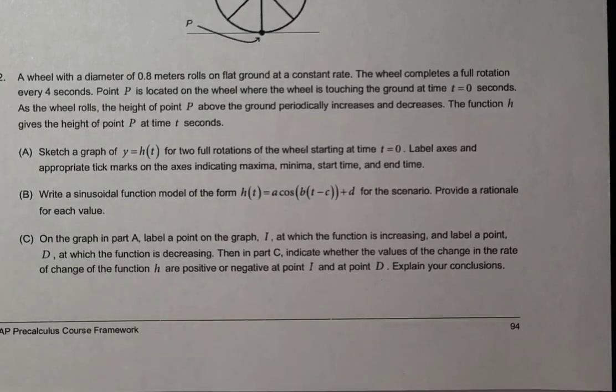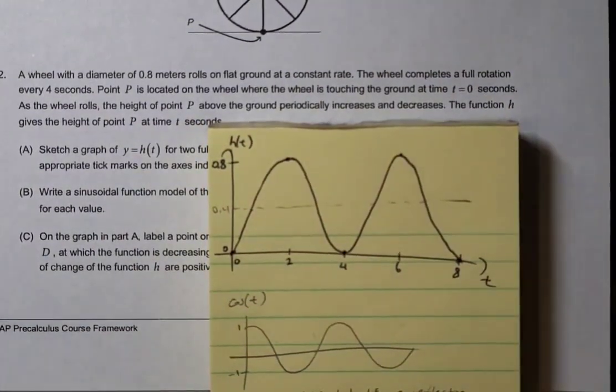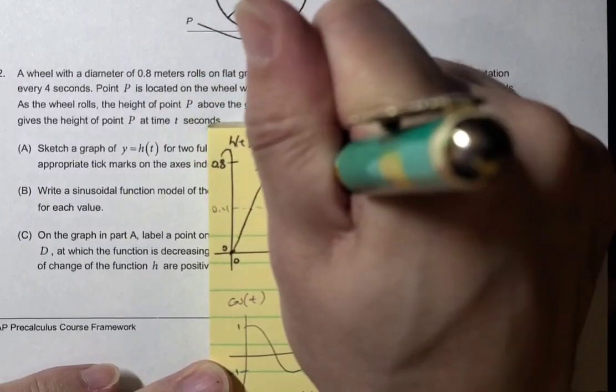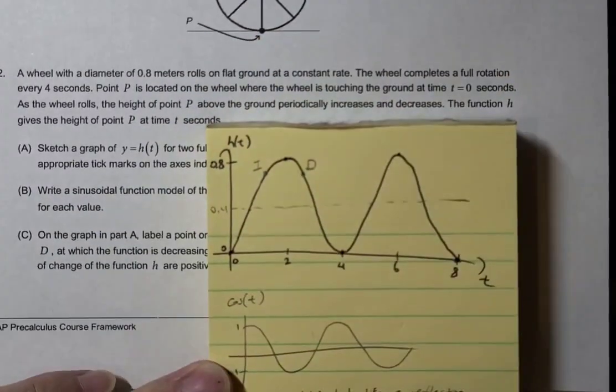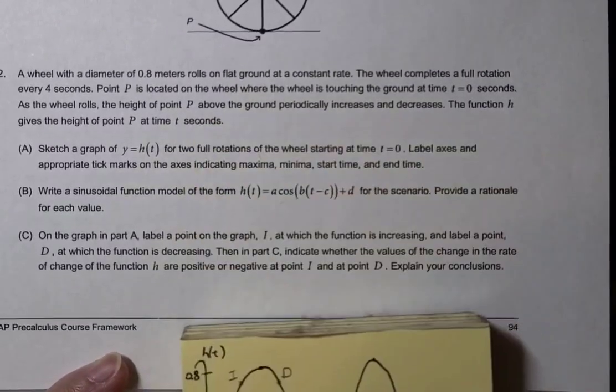So let's mark the 2 points first. There's multiple solutions, once again, so I don't know why they would want to do this. So in pencil, I'll mark this as I, because it's increasing here. I'll mark this as D. Okay, that's totally fine. Increasing here, decreasing there, our function h.